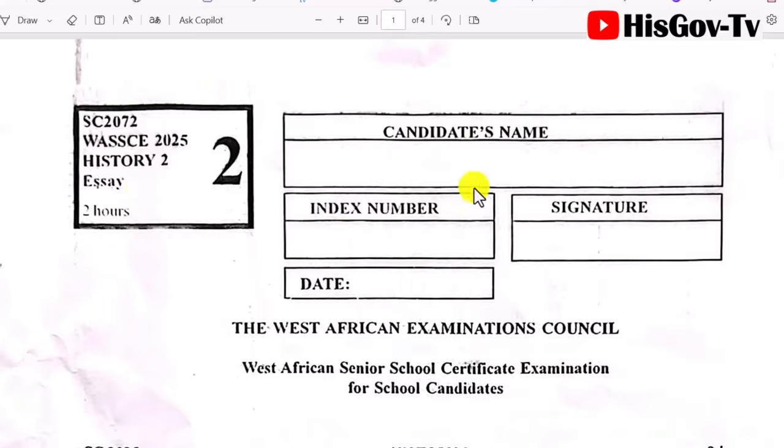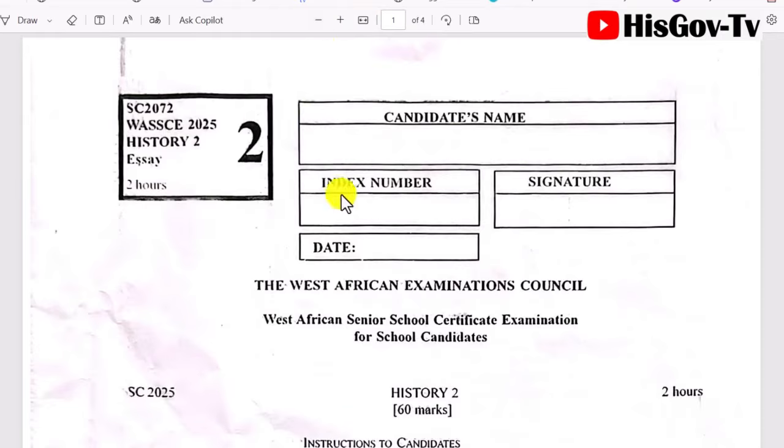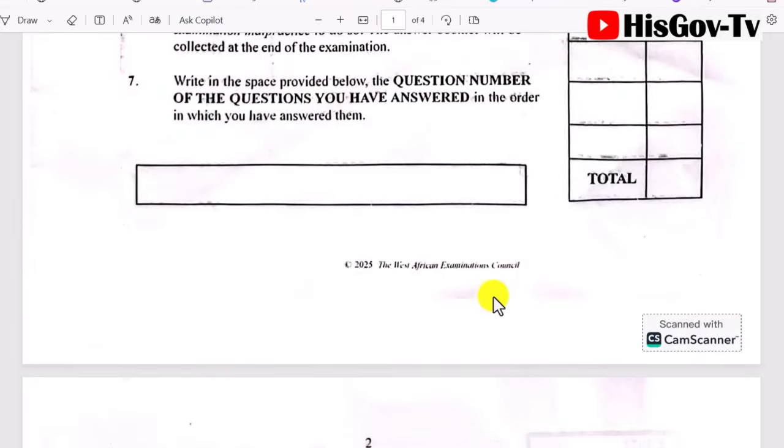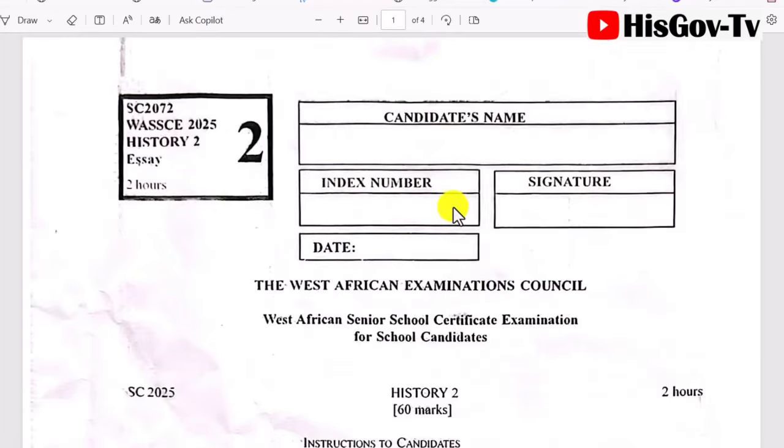But before we start answering the questions, let me say that the history paper is a composite paper. Both Section A and Section B, the objective test and the essay, are a composite paper. A composite paper is a paper that you write at a sitting. This is how it is written: you answer the questions on the paper.